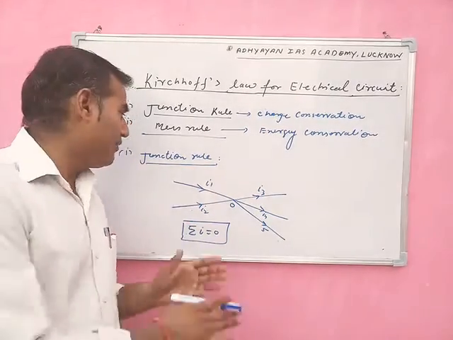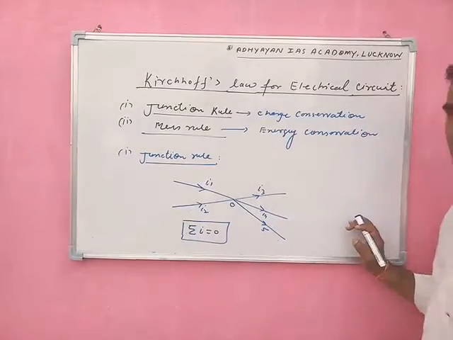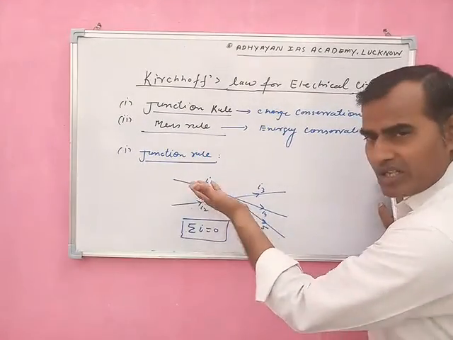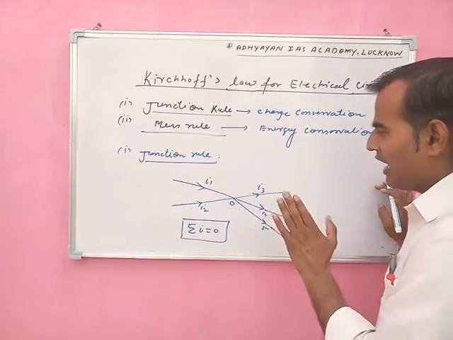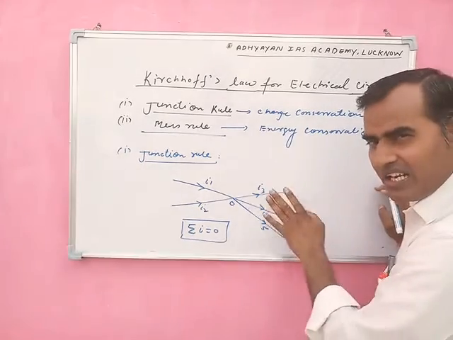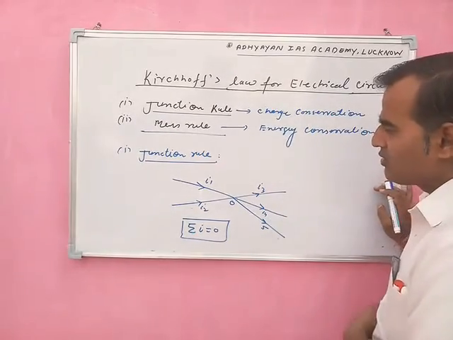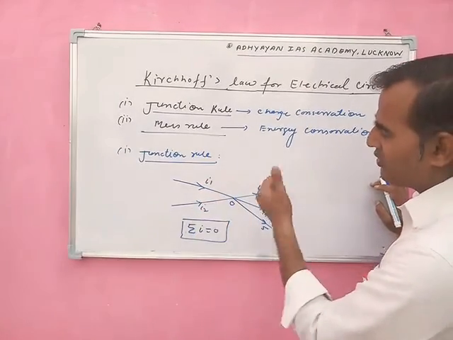Sign convention for the junction rule. Currents coming towards the junction are considered positive, and currents going away from the junction are considered negative. So the currents I1 and I2 coming towards the junction are positive.